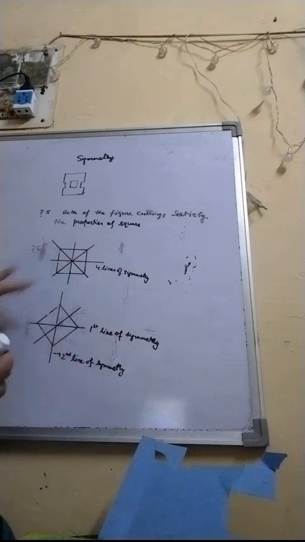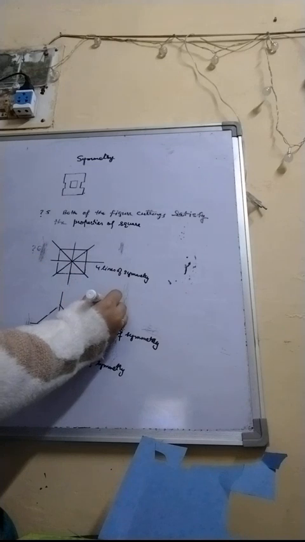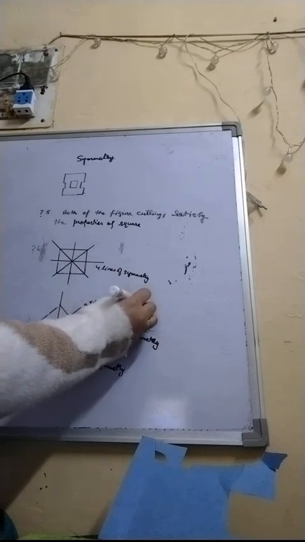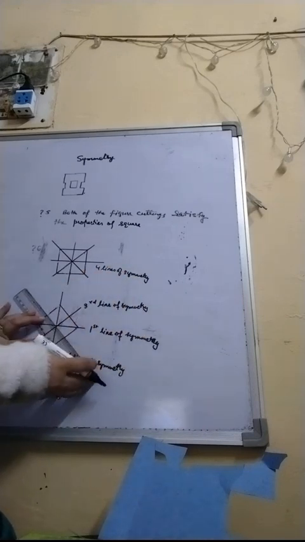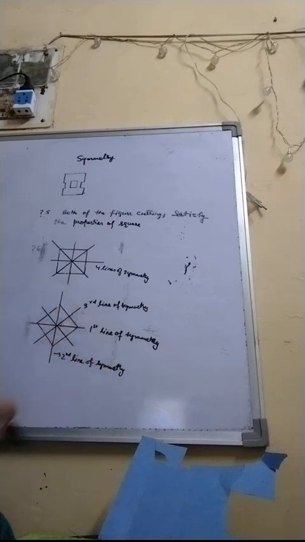So one third line of symmetry is this, and the fourth line of symmetry would be the other two opposite sides. This would be the fourth line of symmetry. So the given figure has 4 lines of symmetry.